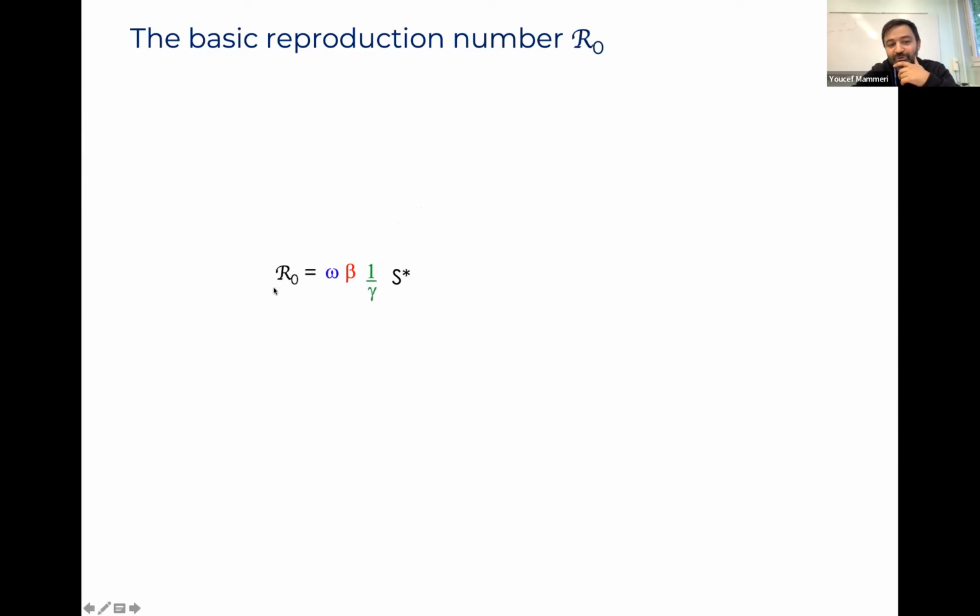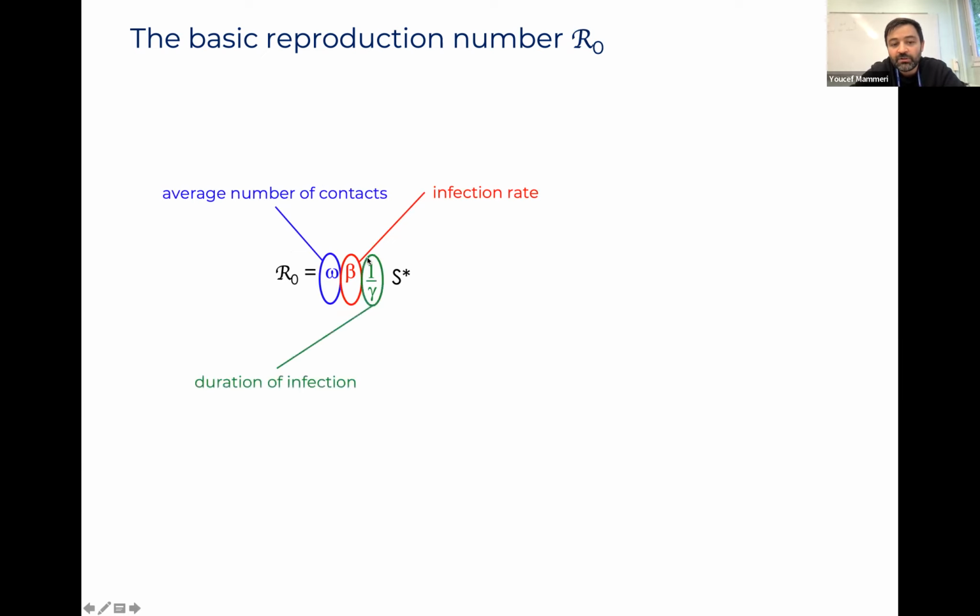So let's go back to the definition of this R naught. Omega is the average number of contacts. Beta is the infection rate, so omega times beta is the probability to get infected. Gamma was the recovery rate, so the opposite of the recovery rate is the duration of infection.